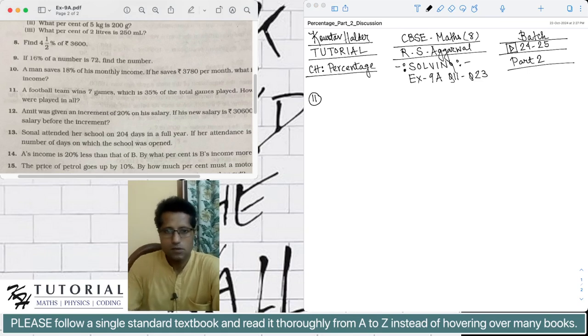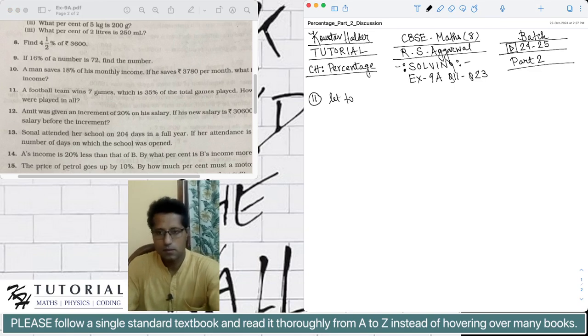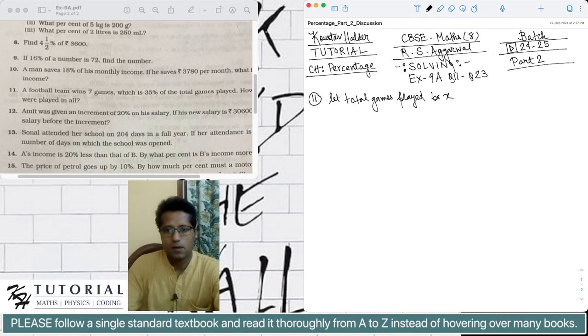So 35% of the total games played is given to be 7 games. Let the total games played be x.